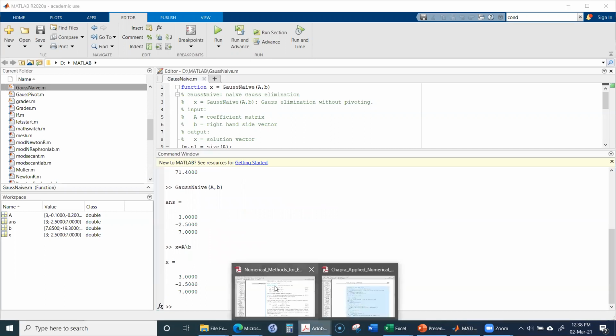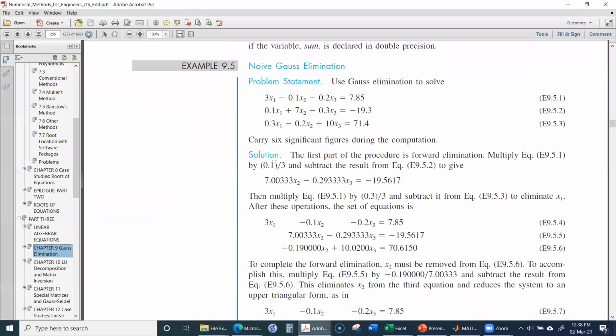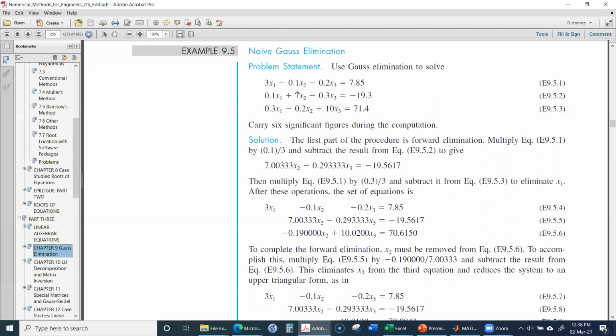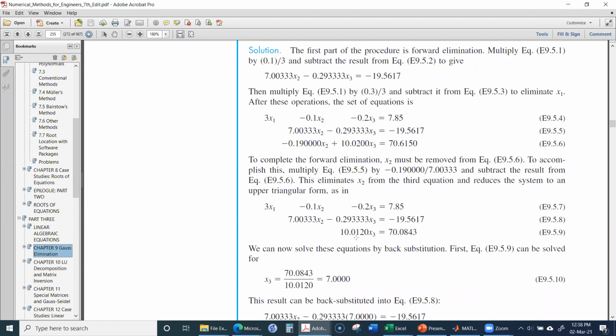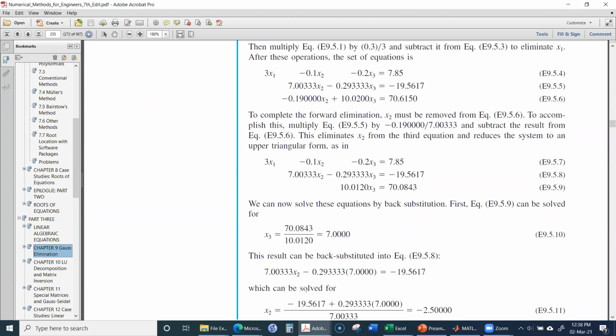For example, this was the example which was solved manually by Gauss elimination. In the first step, you will get this matrix. You should get a matrix like 3, minus 0.1, minus 0.2, 0, this, and this. In the second step, you will get this matrix, and in the third step, you will get the answer.